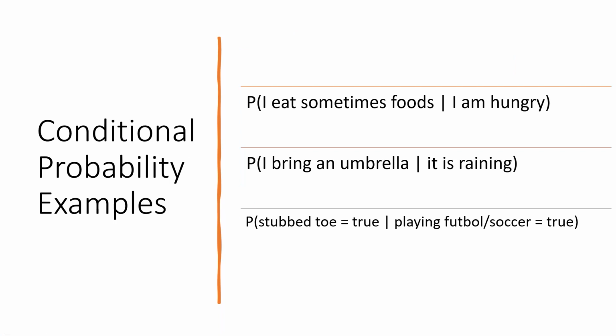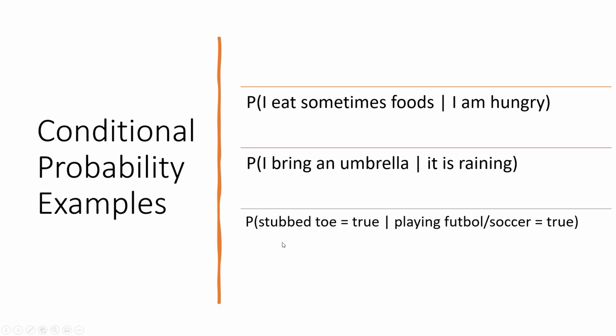So here are some examples of conditional probabilities that you might find in real life. For instance, the probability that I eat sometimes food, sometimes we call those junk foods, given that I am hungry. We could make this even more complicated: given that I am hungry and that it's after midnight. There's the probability that I bring an umbrella because it is raining.